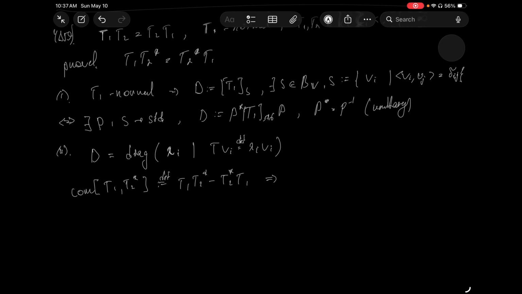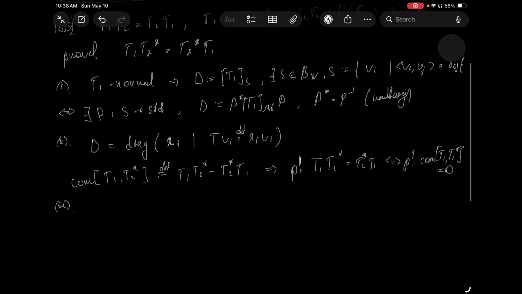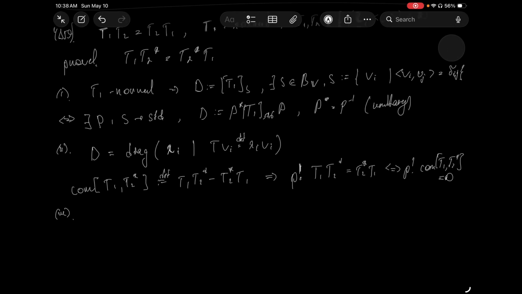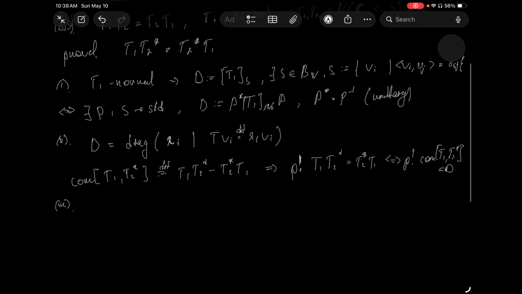Consequently, the proof statement, or hypothesis, is equivalent to the commutator equals 0. Since it was given that this complex inner product space is finite, meaning that it has a finite dimension, the problem is pretty simple.